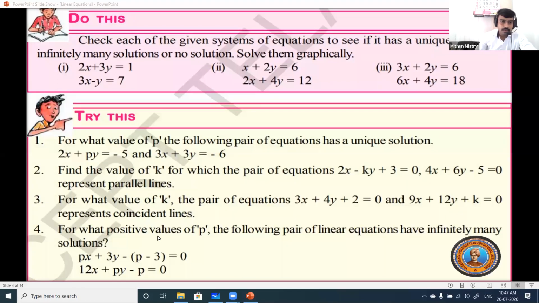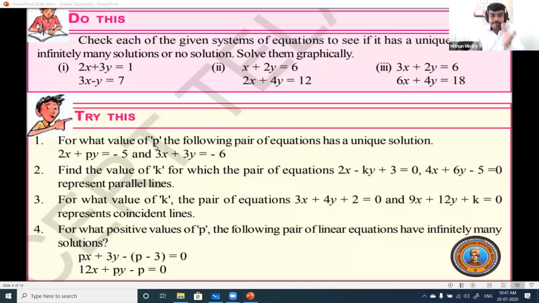So you can pick any two questions. No. Why you will pick? I have to pick. So the first one: for what value of p does the following pair of equations have a unique solution? The given pair is 2x plus py is equal to -5 and 3x plus 3y is equal to -6. Once again, let me read the question.